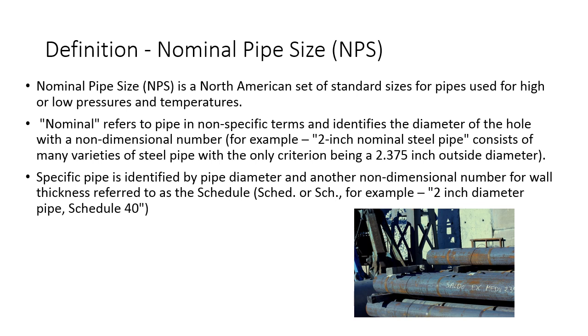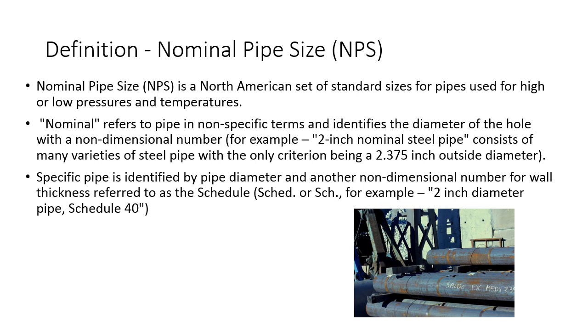For example, 2-inch diameter, schedule 40. So the outside diameter is going to be the same when we're talking about nominal pipe size. So all 2-inch pipe is going to have a 2.375 outside diameter. The wall thickness is going to be the difference.